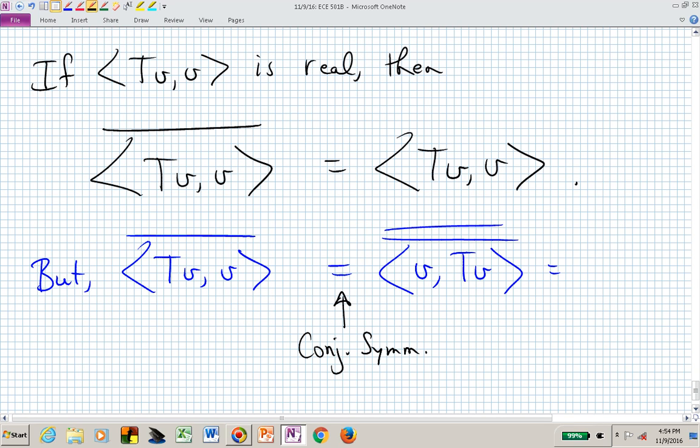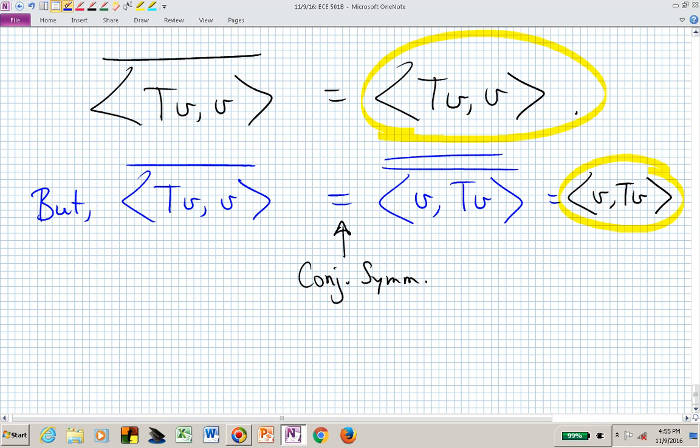So this is now just equal to <V, TV>. But now what have I said? The left-hand sides are the same, and I end up with this and that. So those two right-hand sides must be equal. Therefore, I can say that <TV, V>, the first one, must equal the inner product of V with TV.